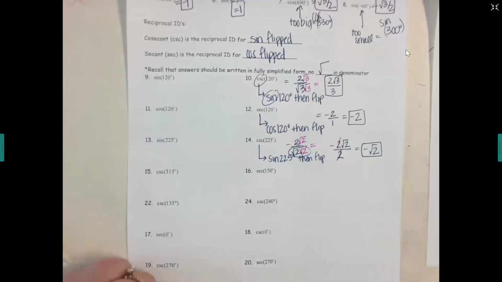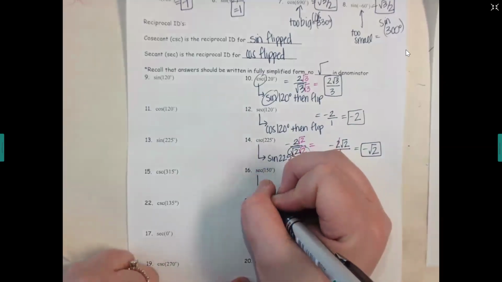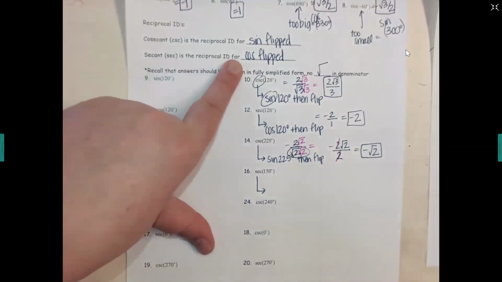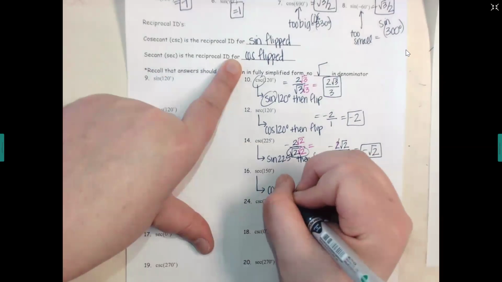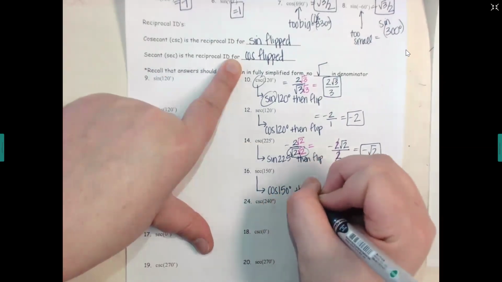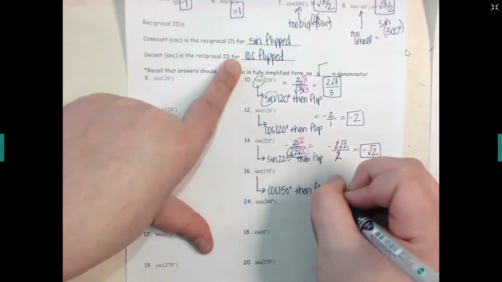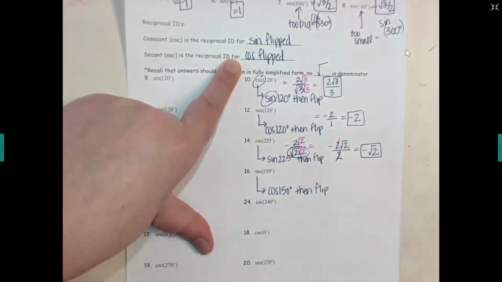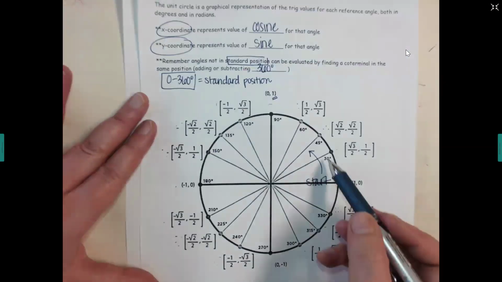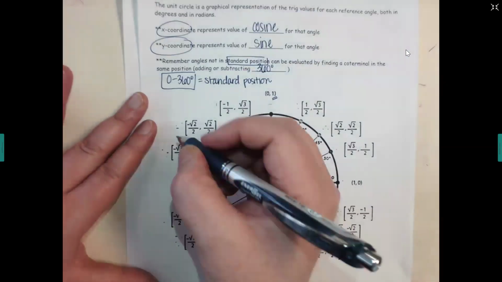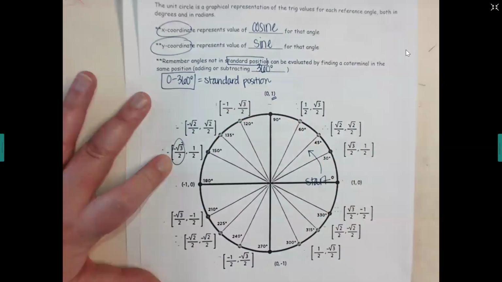Okay, next one, I want secant 150. Well, remember, secant up here, it says, is going to be cosine flipped. So I'm going to find the cosine of 150, then I'm going to flip it. So look on your circle. Cosine 150 is here. Cosine is the x, and then I'm going to flip that.